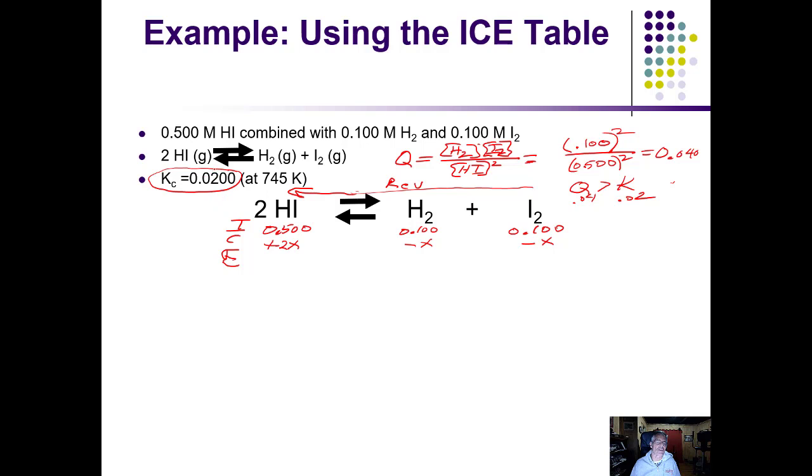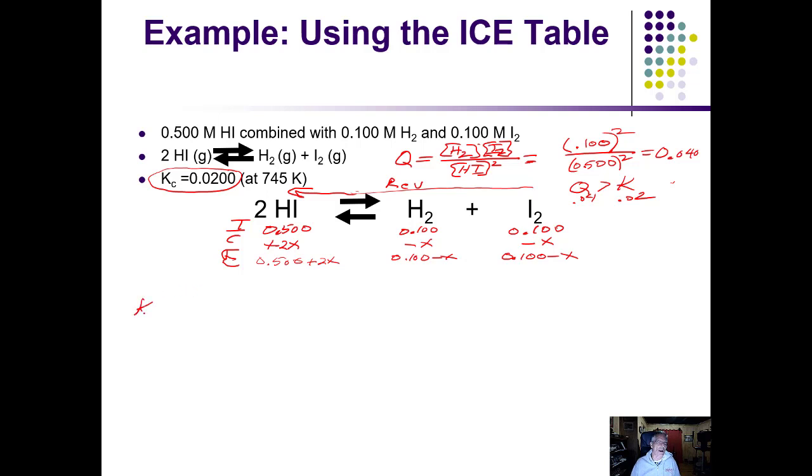I would have to take the inverse of the K. Better just to leave it in the conventional form, thinking of this is forward and this is reverse. Okay, so that's going to be 0.500 plus 2x. This will be 0.100 minus x, 0.100 minus x. And now I'm ready to put together my equilibrium constant expression and solve for x.